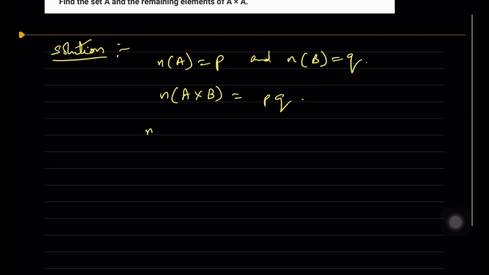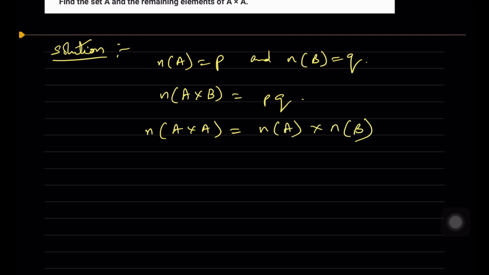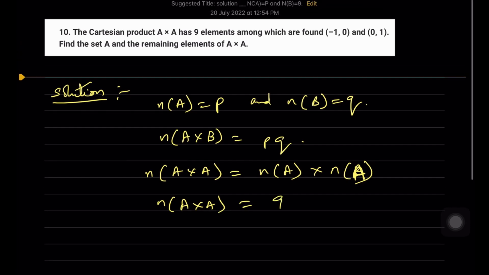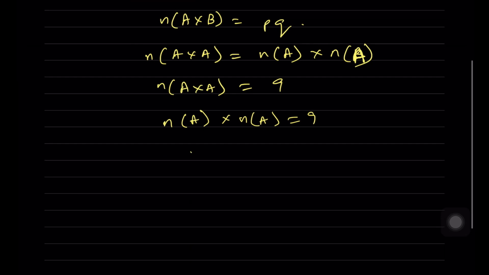And now next, n of A cross A will be equal to n of A into n of A. So therefore here it is given that A cross A consists of 9 elements, which implies that n of A into n of A is equal to 9. That means 3 into 3 is equal to 9. So n of A is equal to 3.